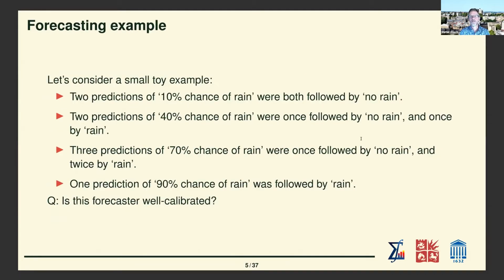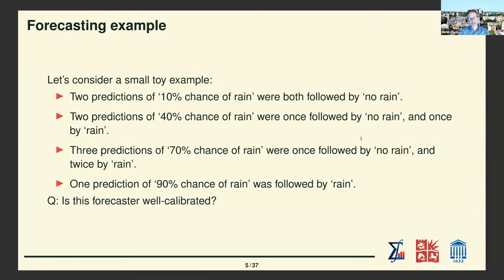Okay, so let's look at a small example. Two predictions of 10% chance of rain were followed by no rain. Two predictions of 40% chance of rain had once rain and the other day no rain. Three predictions of 70% chance of rain were once followed by no rain and twice by rain. And finally, one prediction of 90% chance of rain was followed by rain. Is this forecaster well calibrated?